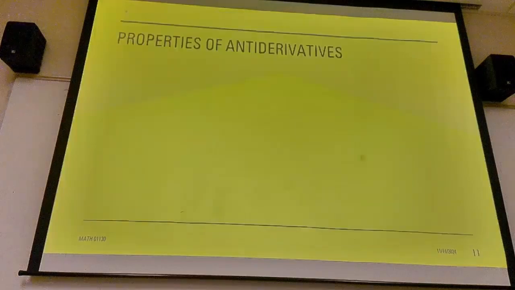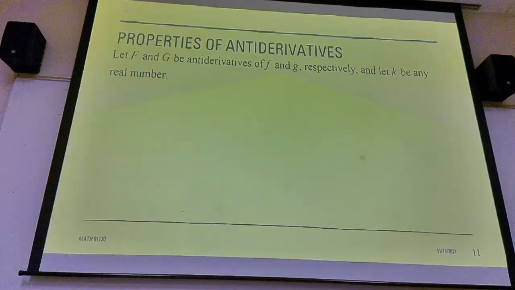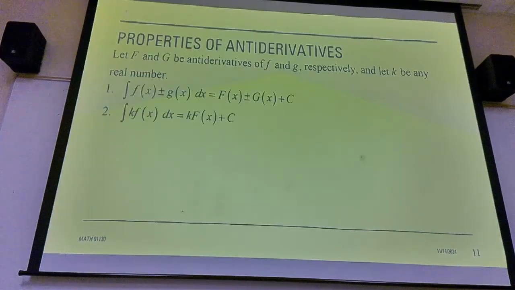Properties of the antiderivative. So big F and big G are antiderivatives of F and G respectively. K is any real number. You have your linearity property. So the antiderivative is also linear.